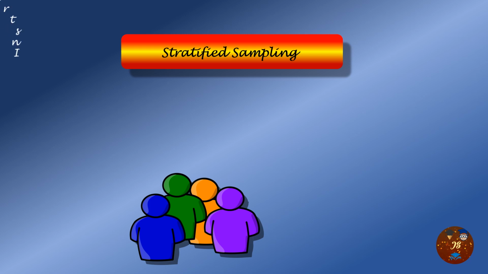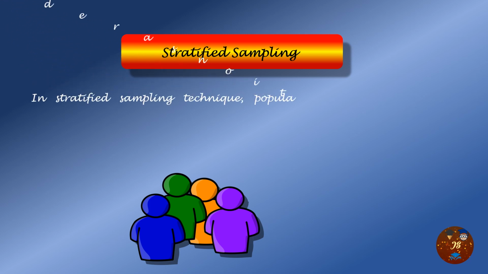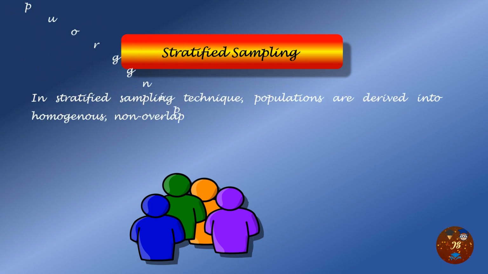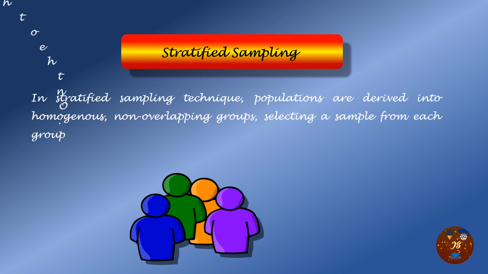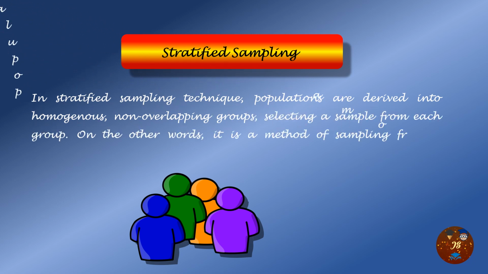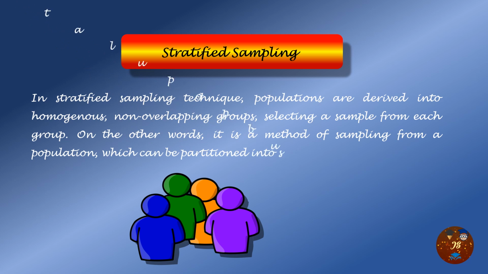Now the stratified sampling. In stratified sampling technique, populations are divided into homogeneous, non-overlapping groups, selecting a sample from each group. That means in this case, the groups will be homogeneous. That means all will be women, all will be men or all will be human, and a sample has been selected from each and every group.